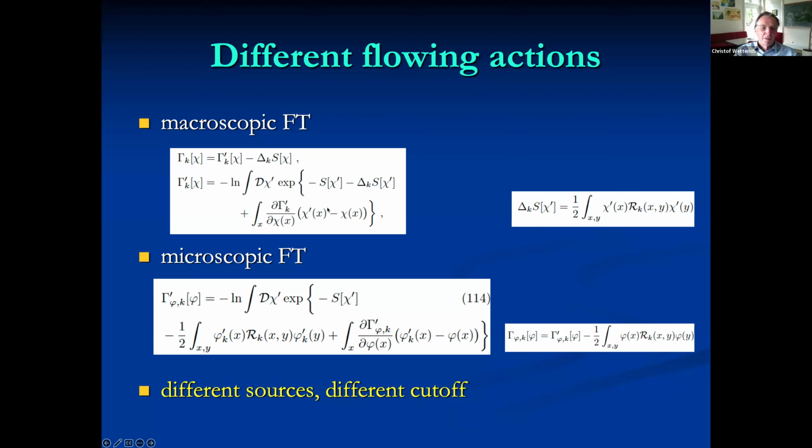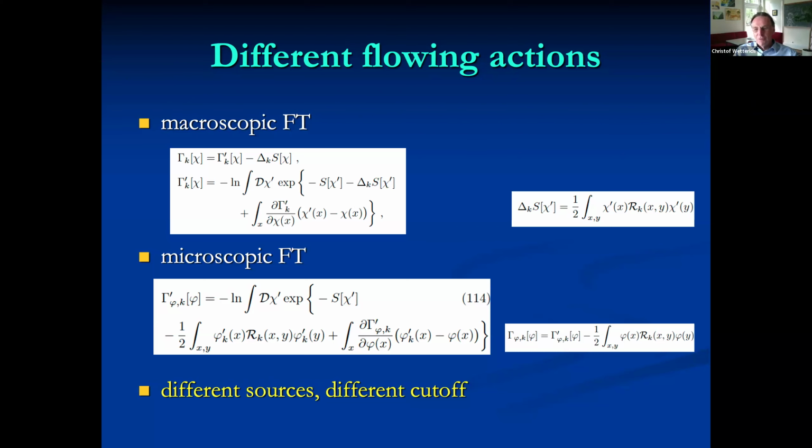If you just compare, here is the gamma over d chi, here is the gamma over d phi, and then the cutoff term has now composite fields. So there are different sources, different cutoffs, and it's simply not true that the flowing action that you get by microscopic field transformations is the same as without the field transformation. You do a change of the sources, and only if at the end you go to solutions of the field equations, then of course the differences disappear.